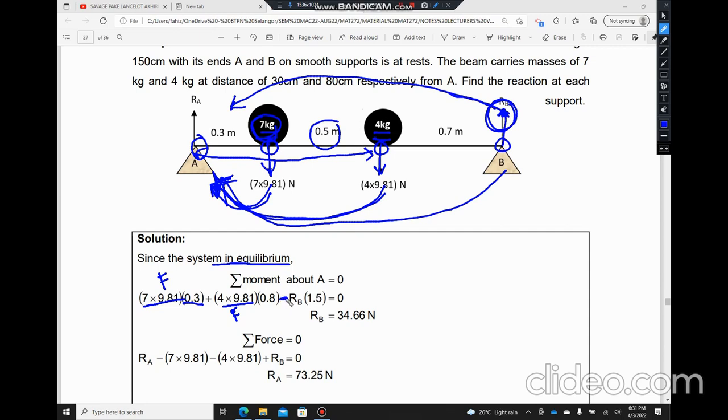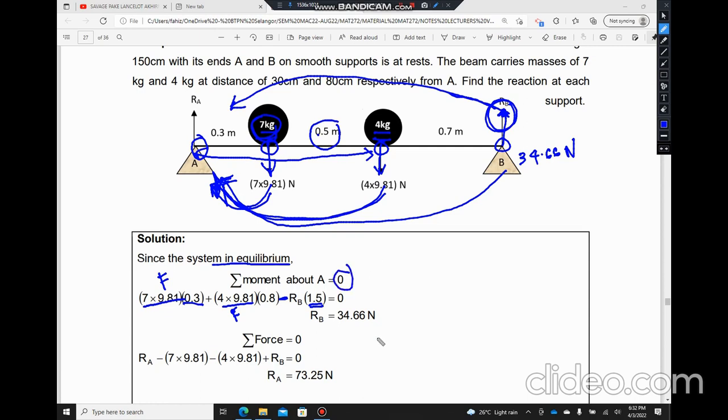So that's why we put here negative. So RB multiply by 1.5. 1.5 ni jarak dia 0.7 tambah 0.5 tambah 0.3. So you solve this one for RB. So RB we get 34.66 Newton. Sebab kita akan make sure dia equals to 0.